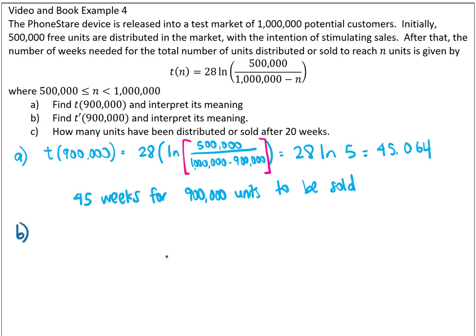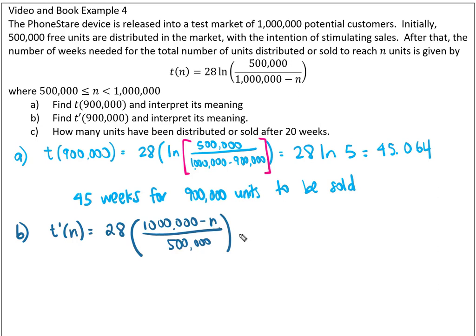For part B, it's asking us to find t prime of 900,000. So first we want to find t prime of n. In order to do that, we are going to say 28 times the derivative of the natural log, which we know is going to be the reciprocal of the quotient.